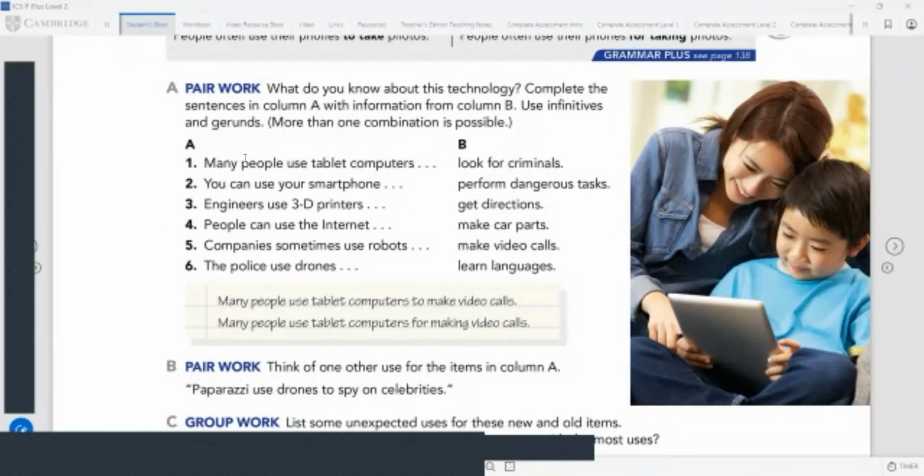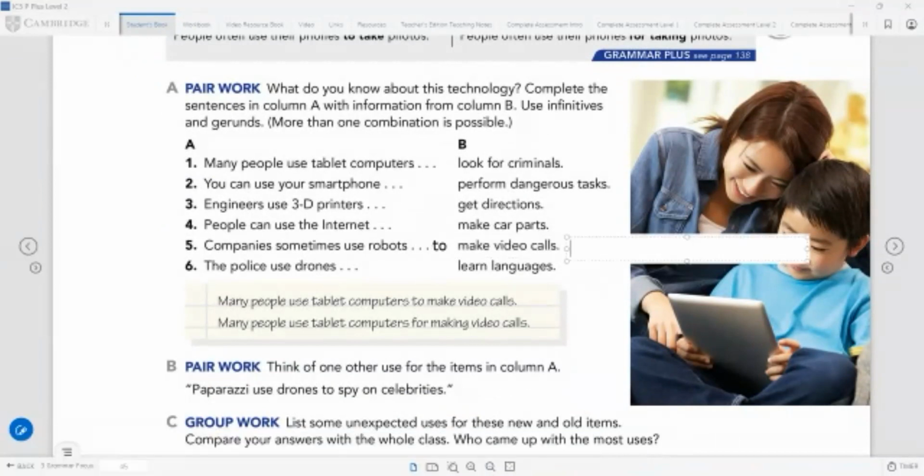So many people use tablet computers to make video calls. That would be number one, to make video calls.